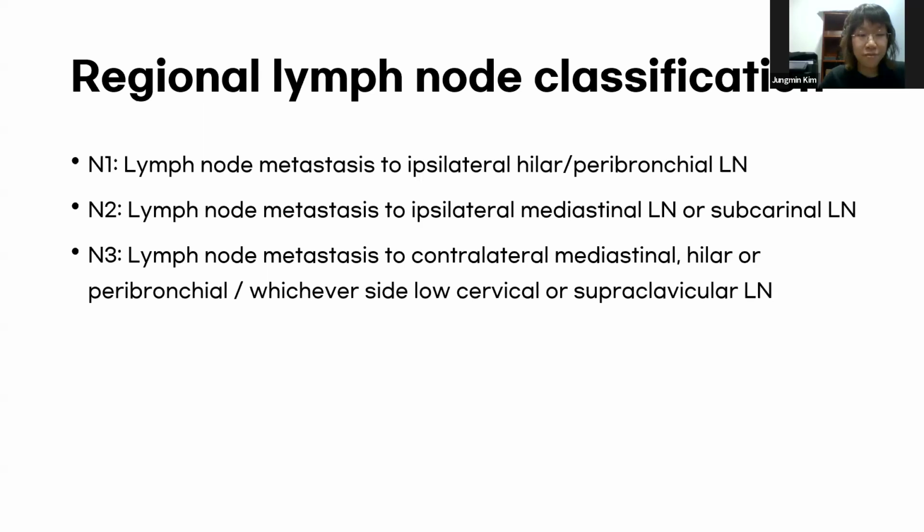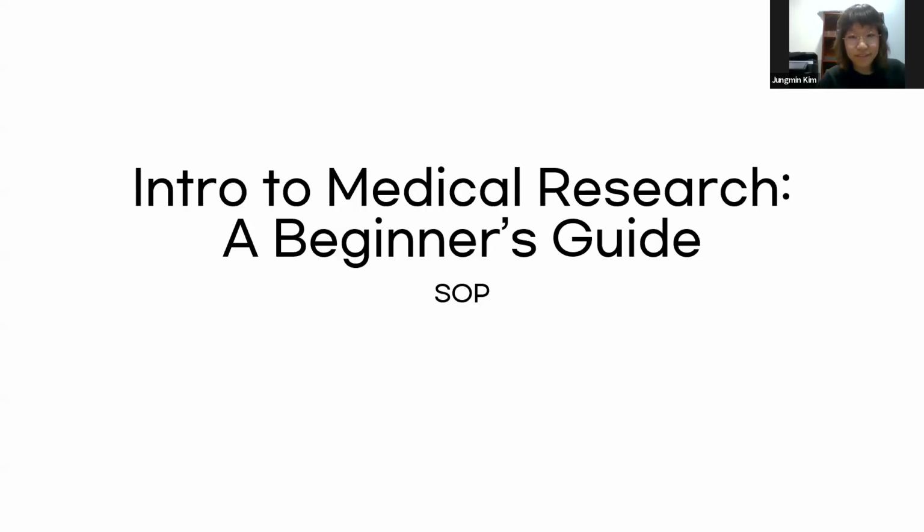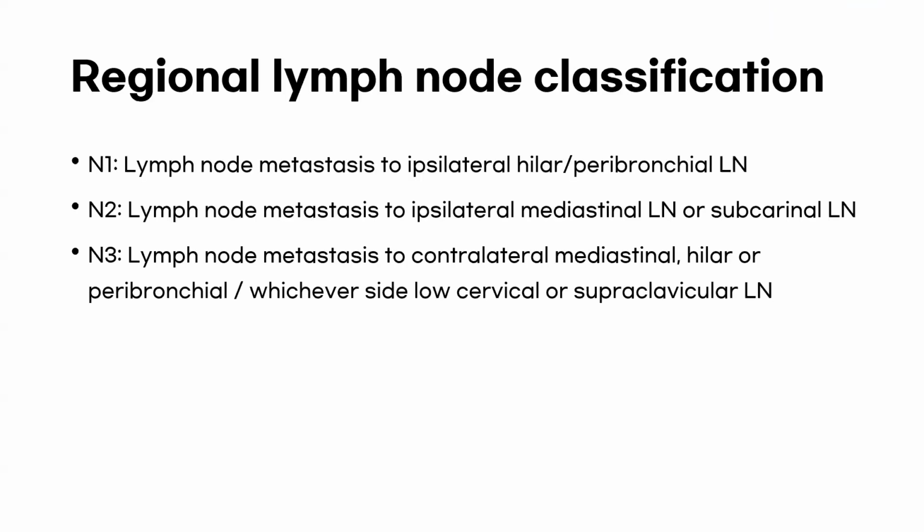So basically, that's all for just CT. Any questions? Thank you. So what should we know about the chest CT? What is the point? So the point is, you should be able to recognize what is a lymph node on chest CT.